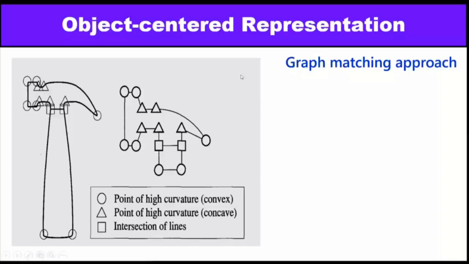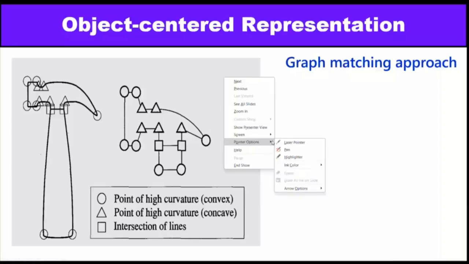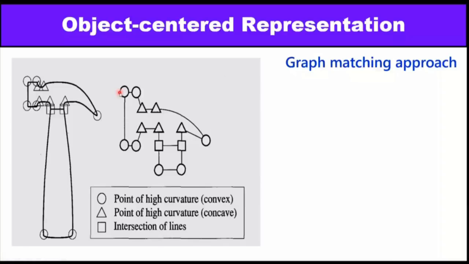Graph matching. For example, if I start from this, this is point A, this is point B, so I have line AB. This is point C, this is point D. Then line AB intersects BC, or AC and BD, likewise.